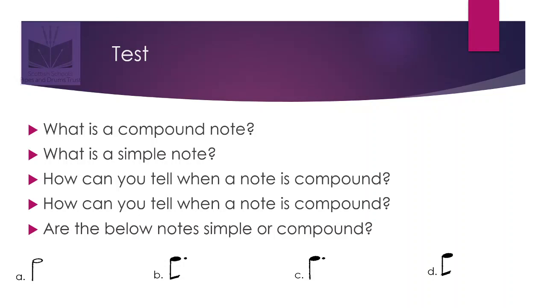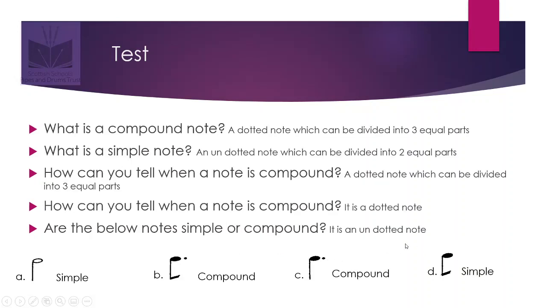It's a note that's undotted and can be split in half. How can you tell a note is compound? Because it's got a dot. How can you tell a note is simple? That should say simple, not compound. I am on fire today. Are the notes below simple or compound? No dot, simple; dot, compound; compound; simple. Easy peasy.